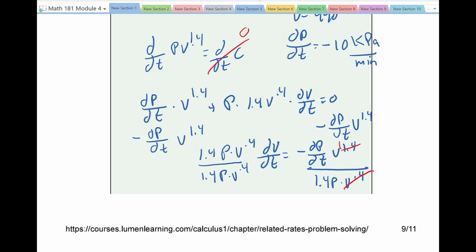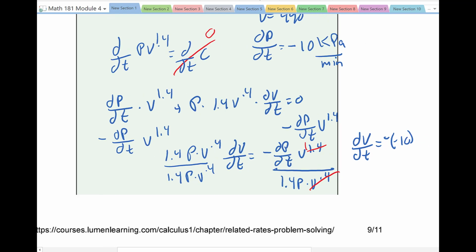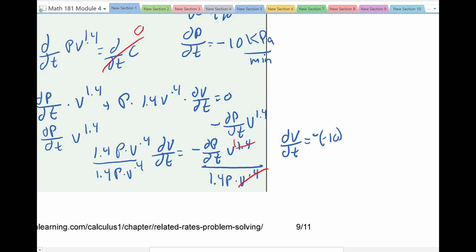Now, what do we have? Our dV/dt is going to be equal to, we have negative dP/dt, so negative of negative 10, times our V, which was 490, divided by 1.4 times our P, which was 85.